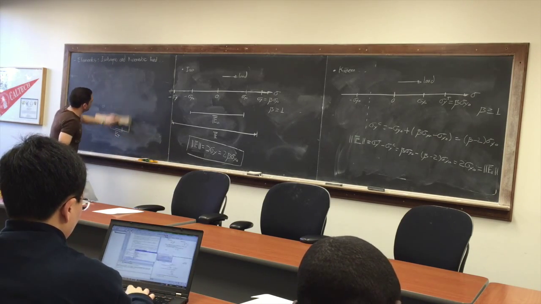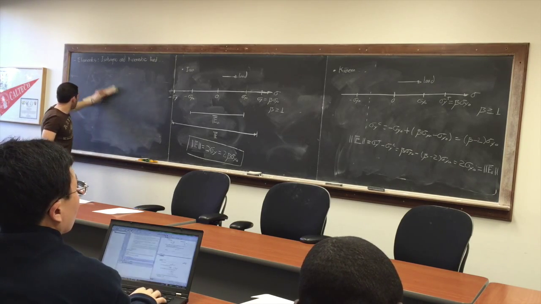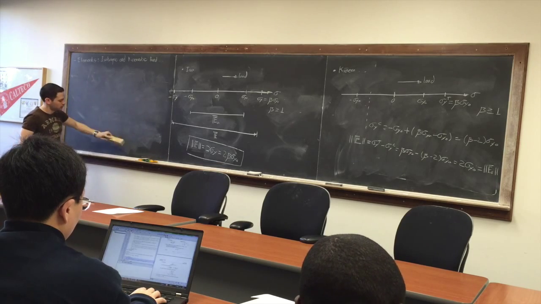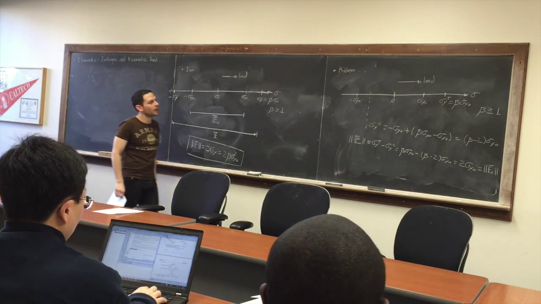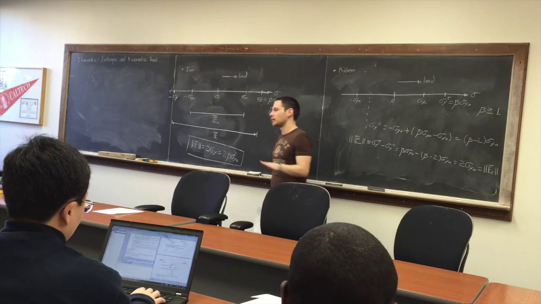That's it. Those are all the ingredients that we have for 1D bilinear plasticity, isotropic and kinematic.